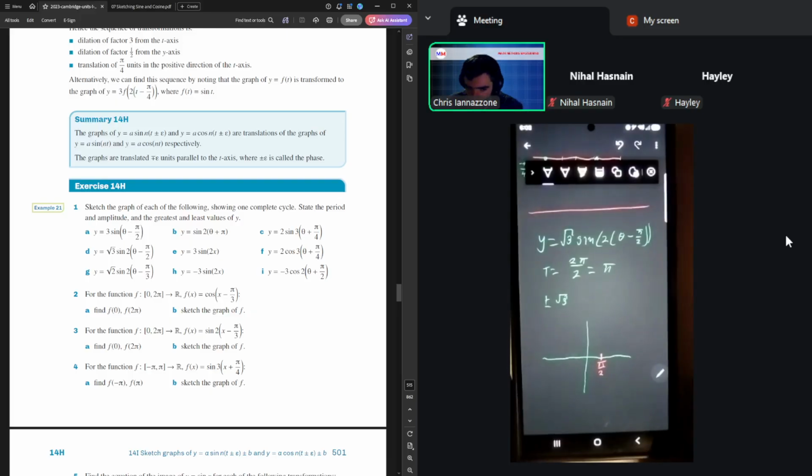What do we do from here to get the rest of our interval ticks?